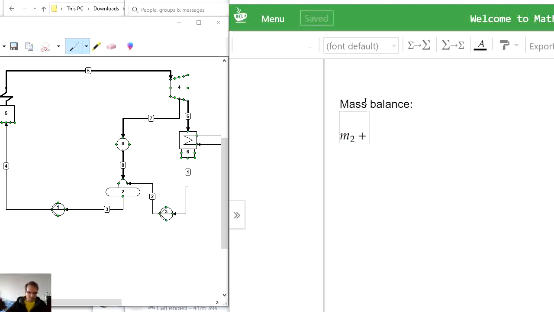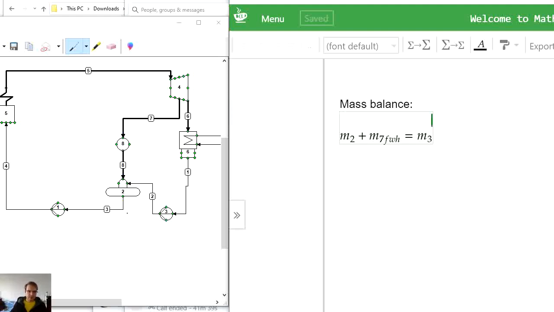M2 plus M8, which is M7 feedwater heater, equals M3.